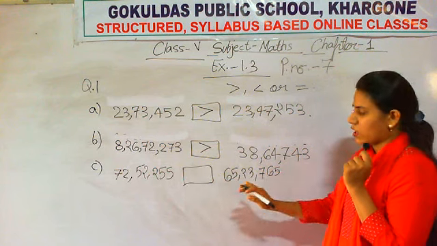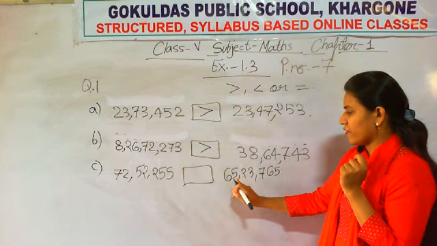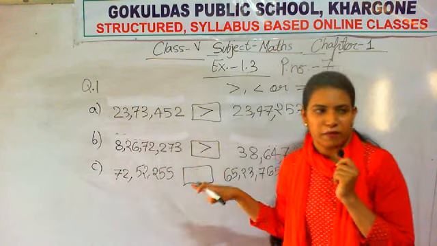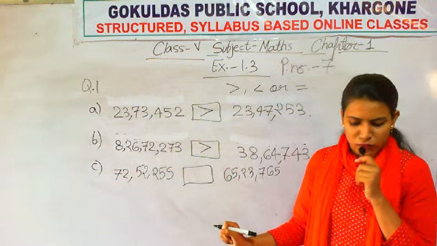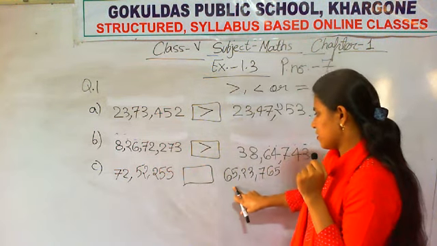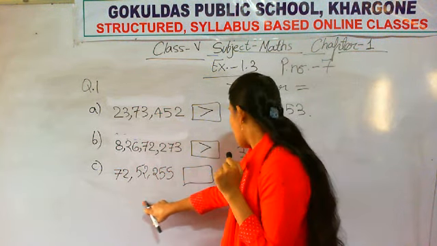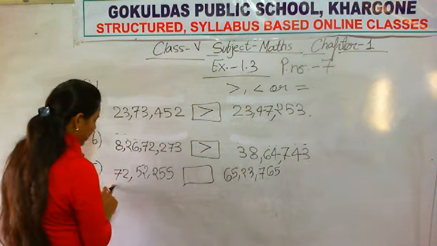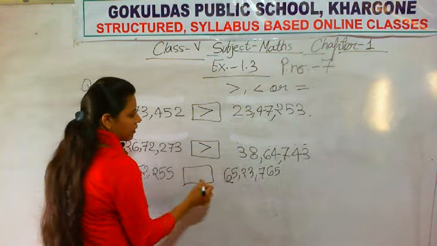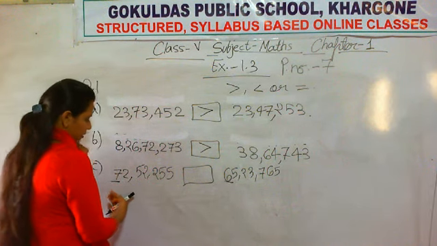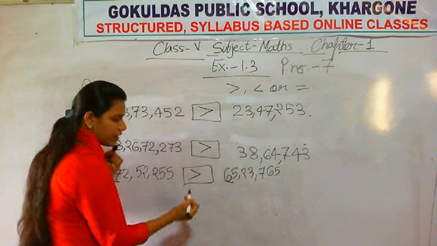First rule, count the digits: 1, 2, 3, 4, 5, 6, 7 and 1, 2, 3, 4, 5, 6, 7. Both the numbers have the same digits. Now come to the second rule. You will compare the highest place values. At the highest place, 7 is here and 6 is there. So the number having 7 at the highest place will be greater according to the rule.